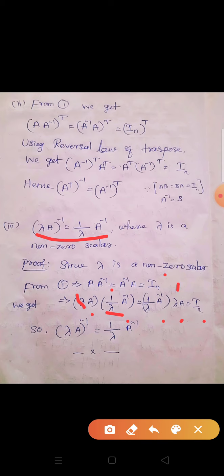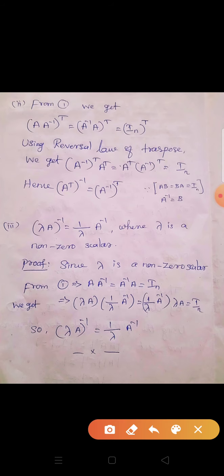Now lambda A whole inverse is equal to 1 by lambda into A inverse. Hence, it is the third proof. Once again, we take only lambda A into 1 by lambda A inverse, which is equal to 1 by lambda A inverse into lambda A is equal to IN.